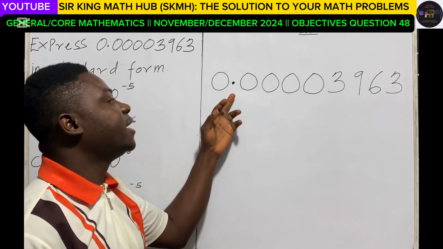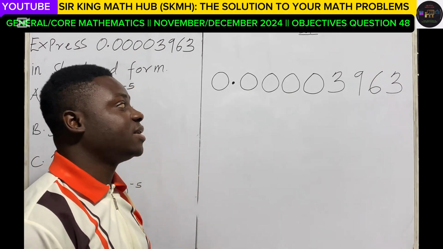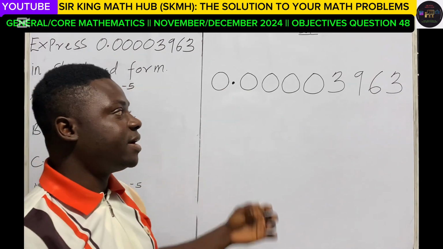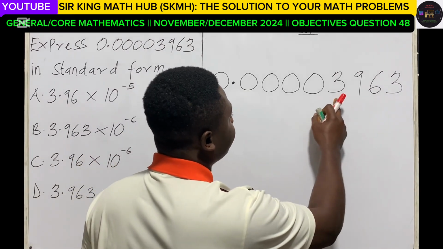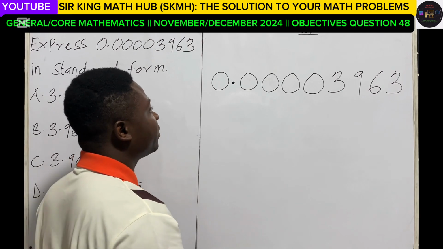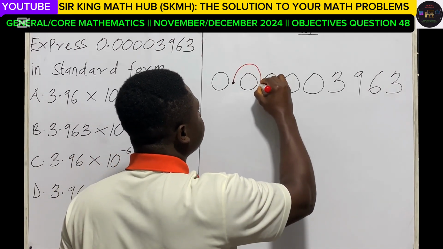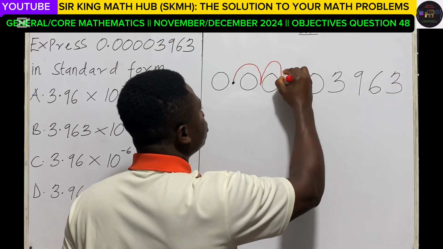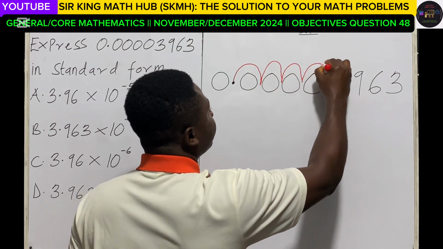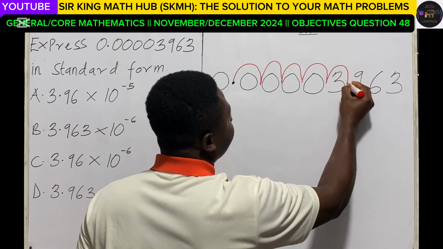We are going to move the decimal point until we get to the first significant number. And for this given number, there is the first significant number. So let's move the decimal point to the first significant number. So 1, 2, 3, 4, and then 5.